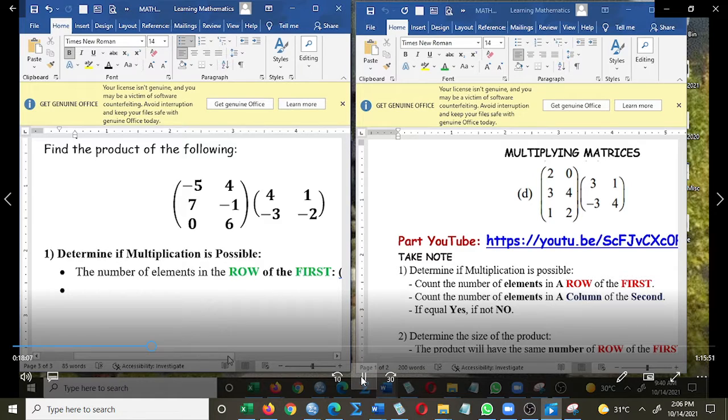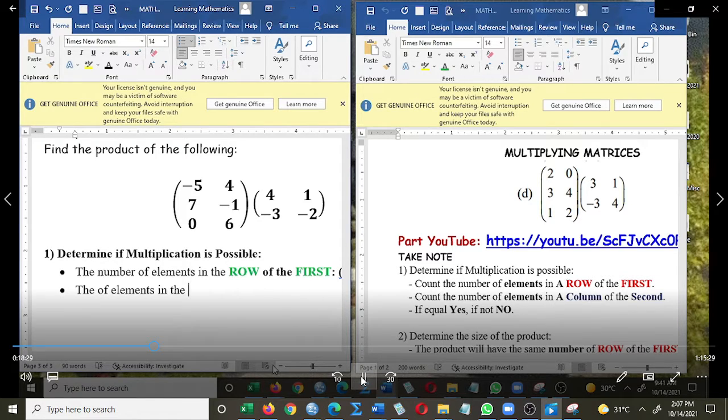What is the next move? What else do we have to do? So what do we write? The number of elements in the column of the second matrix.